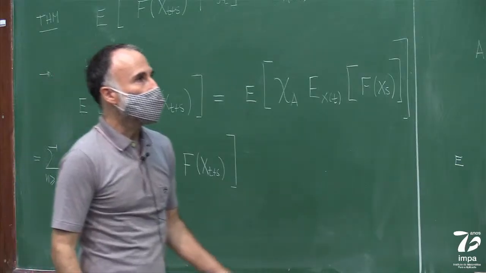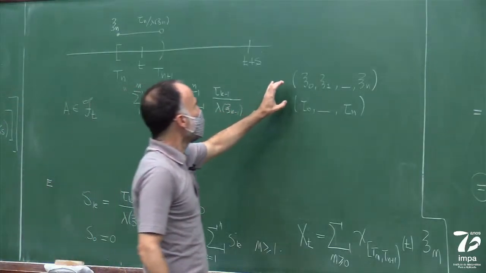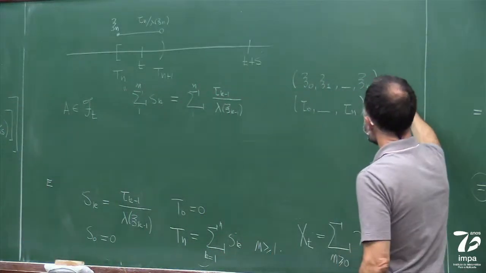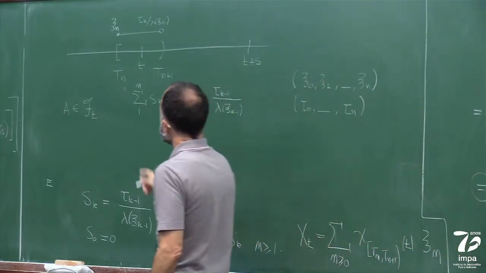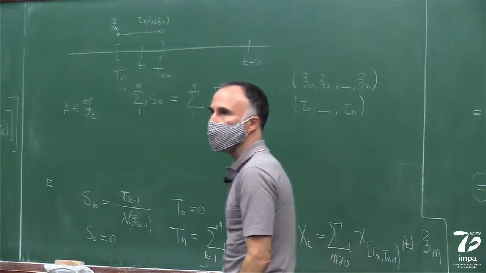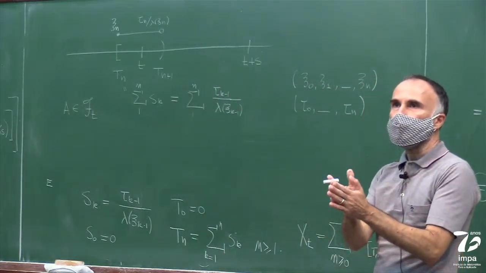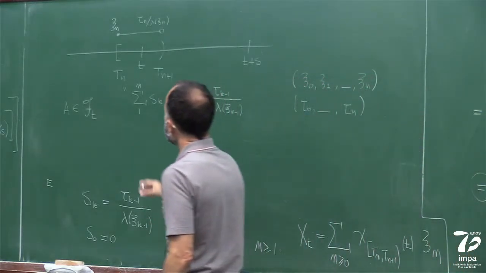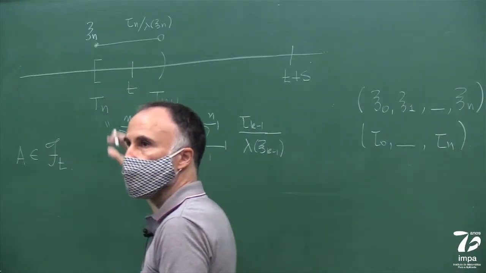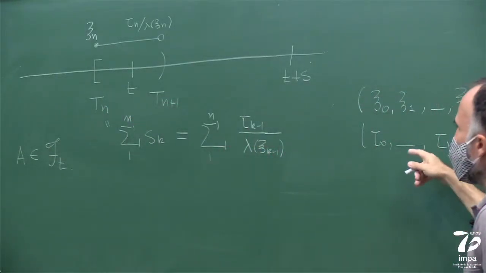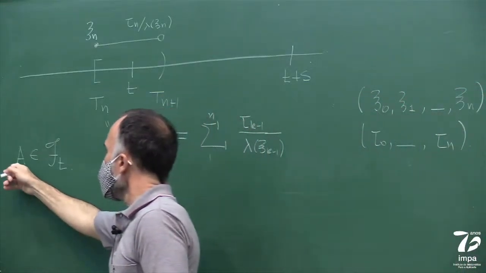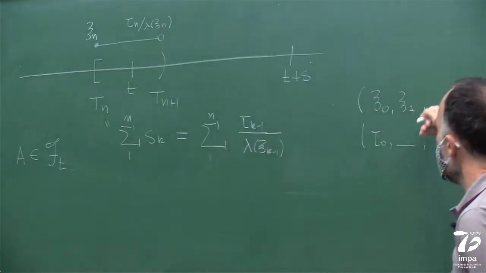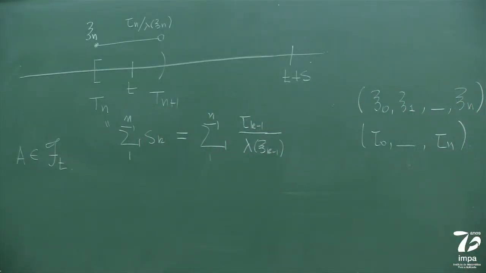So if I know all these variables, and if I know that t belongs to the interval Tn plus 1, then I can reconstruct my path exactly up to time t. And therefore, A belongs to the sigma algebra generated by these variables.